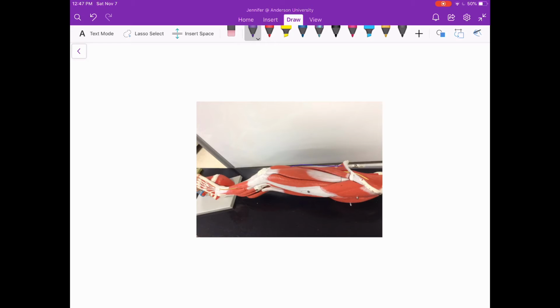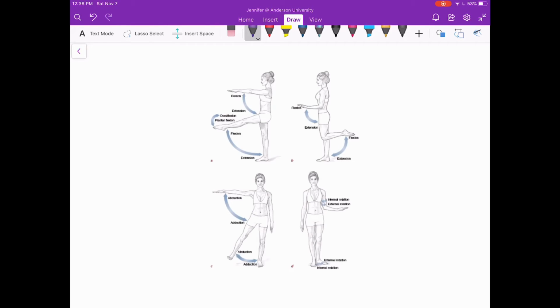So again, this is a very medial and thin muscle, so it's hard to see without a good angle, but as you can see, the medial side of the thigh is where it is located. Here we have our diagram where you can see adduction, flexion, as well as medial or internal rotation, and we're using this to keep our foot facing forward while we're walking as well.